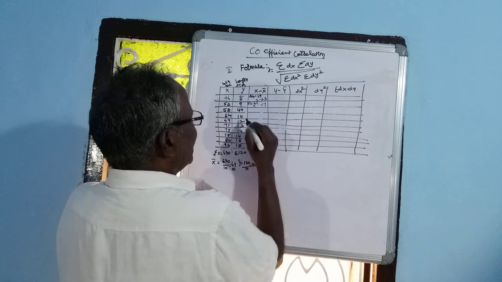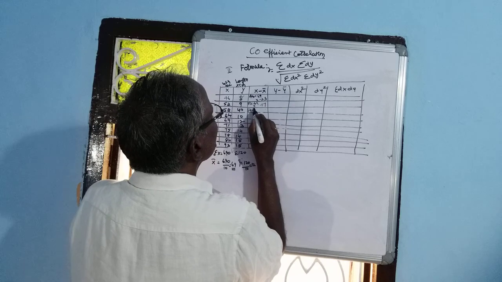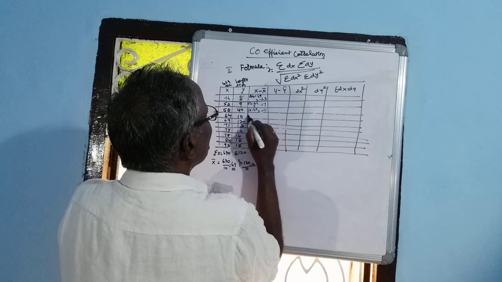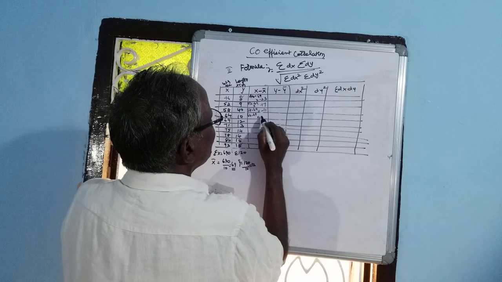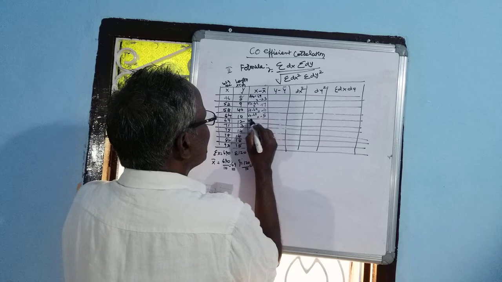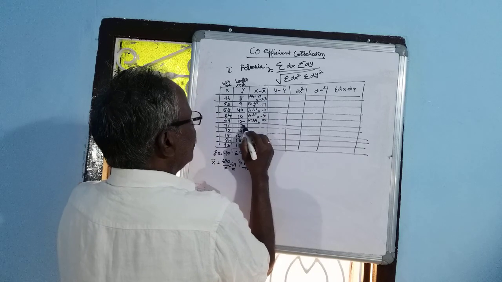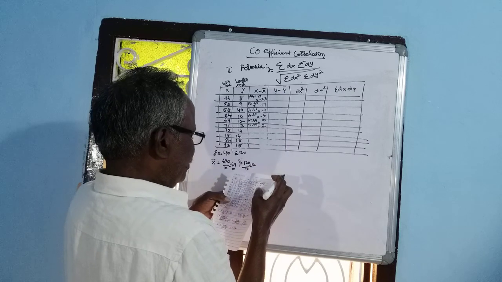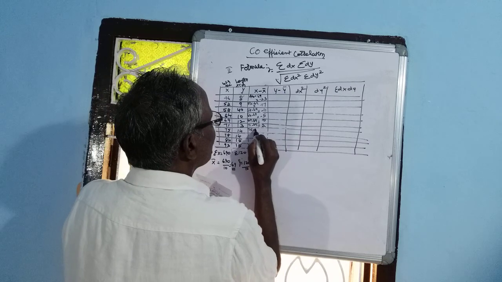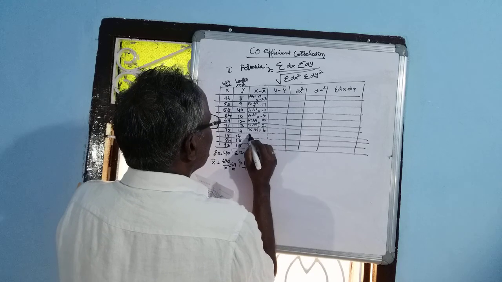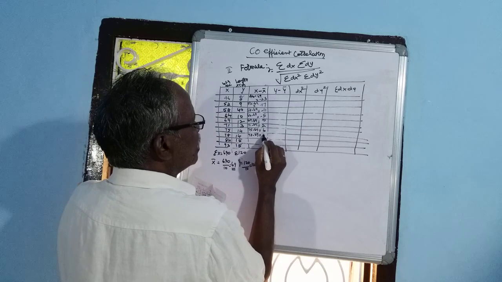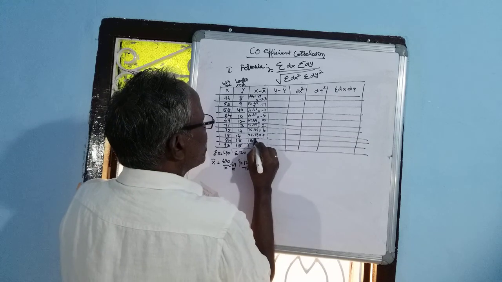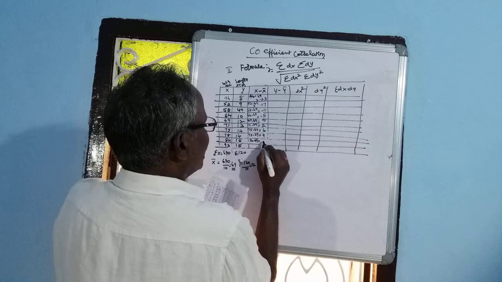Then 58 minus 69 is equal to minus 11. 64 minus 69 is minus 5, and then 69 minus 69 is equal to 0. 71 minus 69 is 2. 75 minus 69 is 6. 78 minus 69 is equal to 9, and then 84 minus 69 is 15.